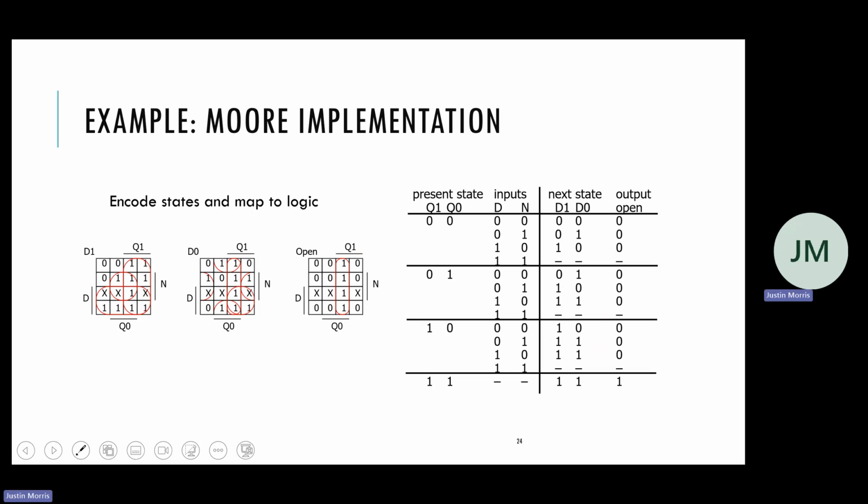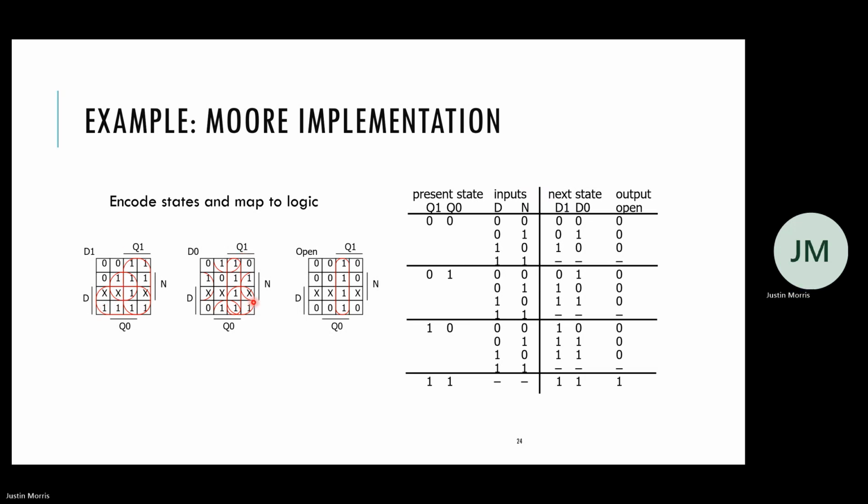And then if you were to make the K-maps for this, you have 4 variables this time. So you have the 2 state variables, 2 state bits, and then you have nickel and dime as inputs. So that's why it's this larger K-map.